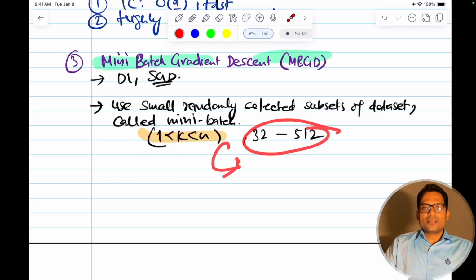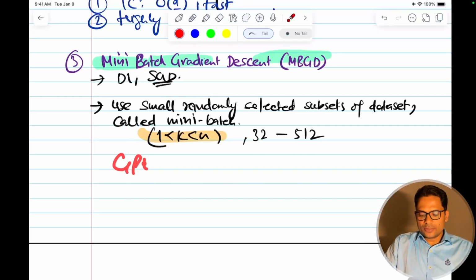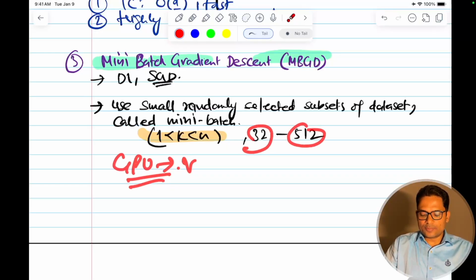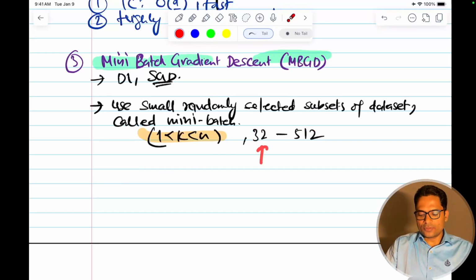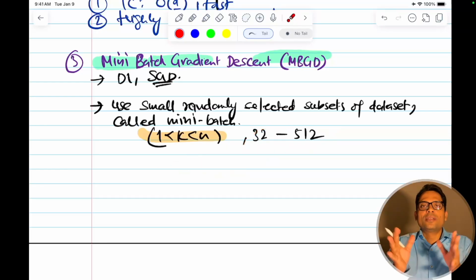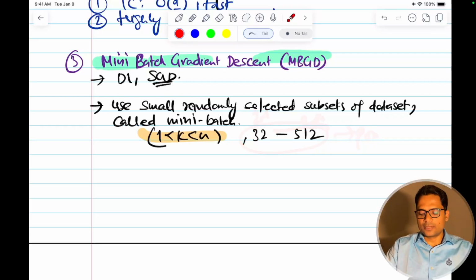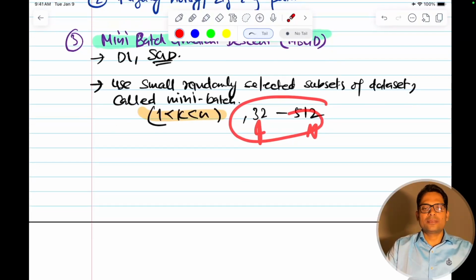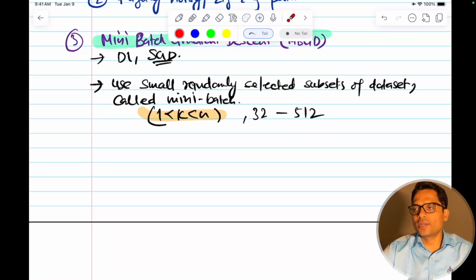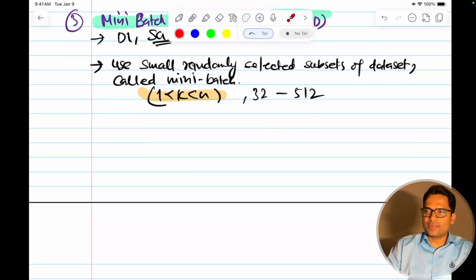We send all this for processing on GPUs, and for that reason we take it as a power of 2, because vectorization becomes easy. So we convert these data points into vectors and move them to GPUs for parallel processing. All the batches can be processed in parallel. That's why it is in powers of 2, 2 to the power 5, 2 to the power 10, like that. So this is the minimum, and typically this is the range. Depending upon the problem, you can move to different batch sizes also.